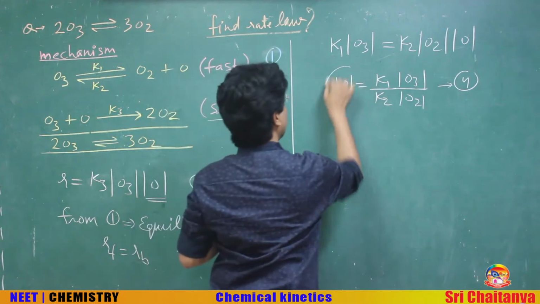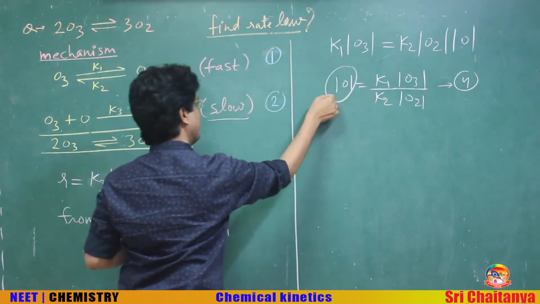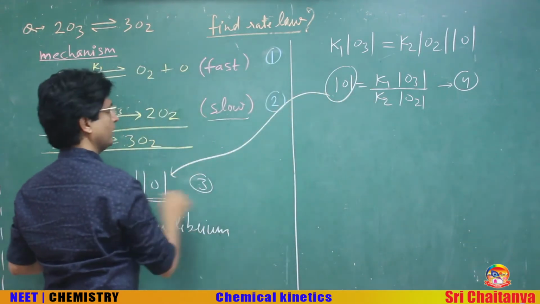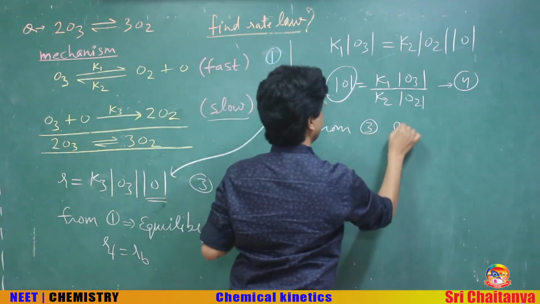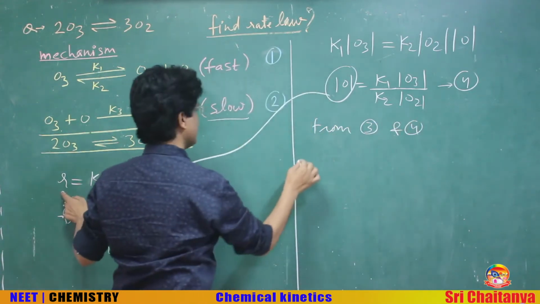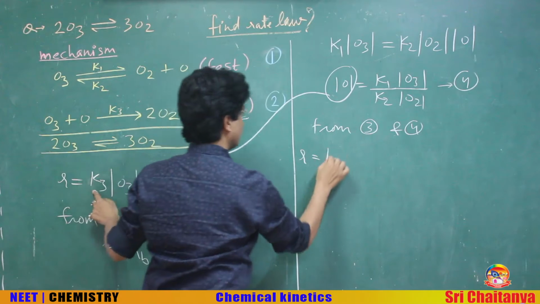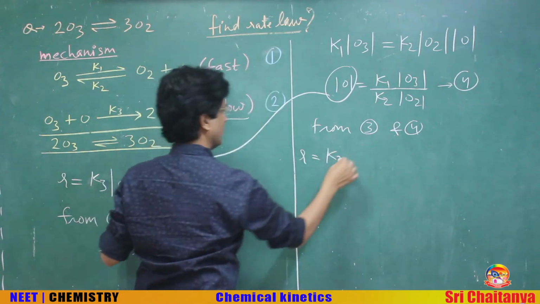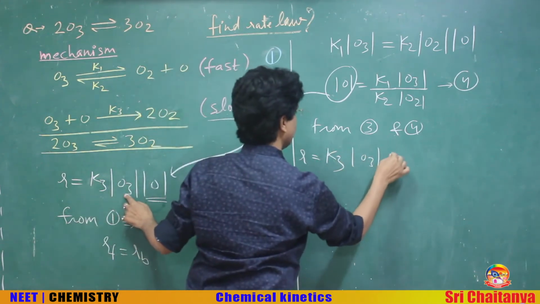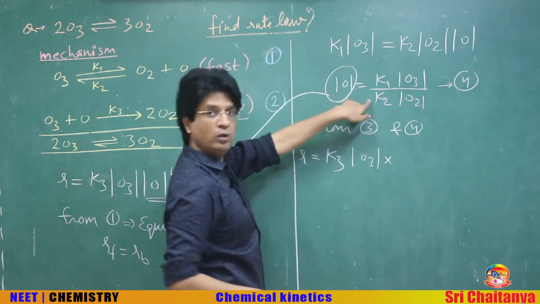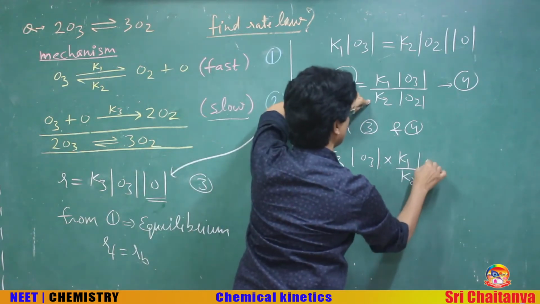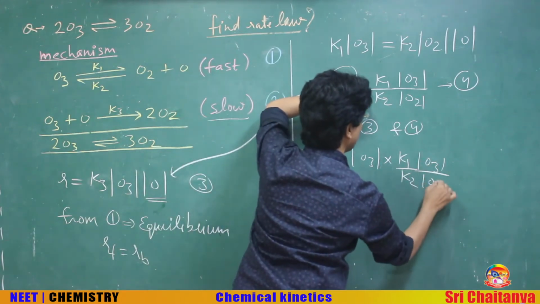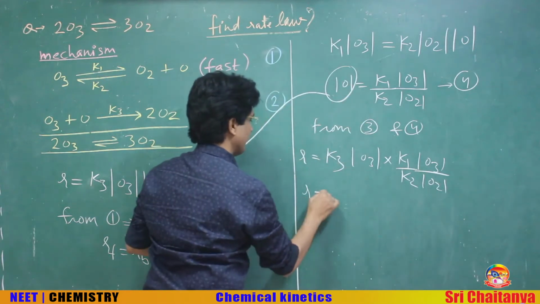So from here I can replace the value of O here. From third and fourth I can say that rate will be K3 into O3 into O. What is the value of O? The value of O is K1 by K2 into O3 by O2. Now simplify that.